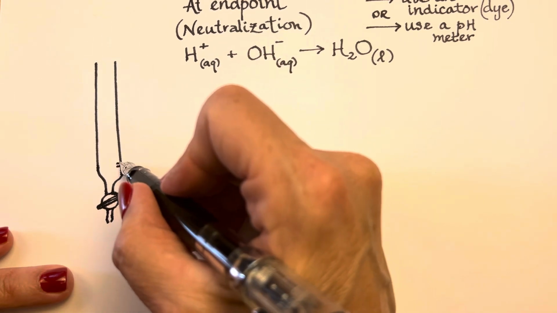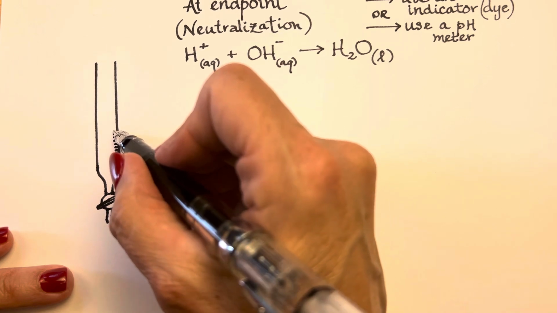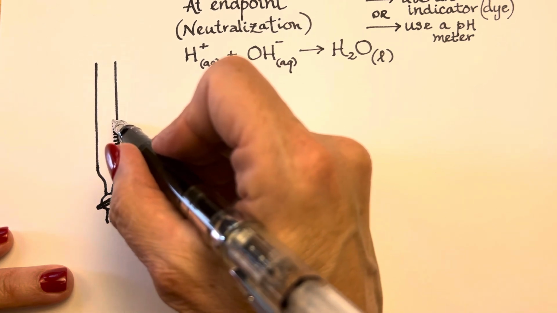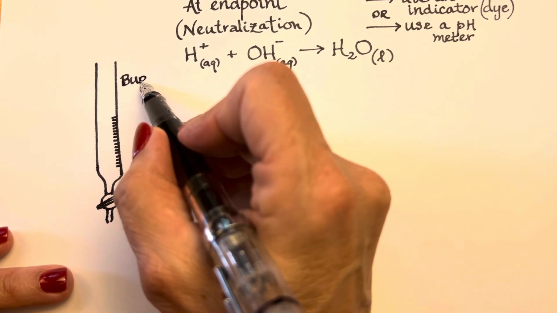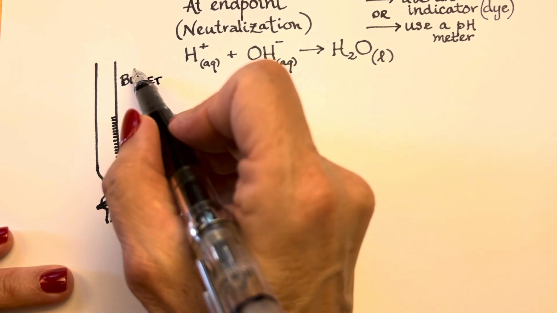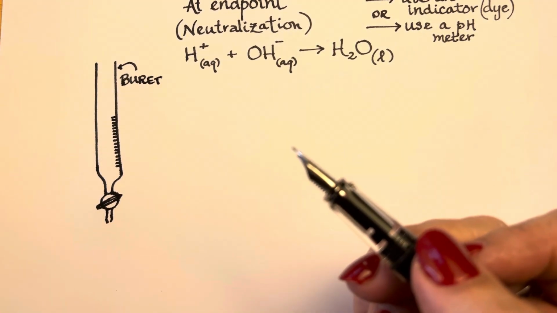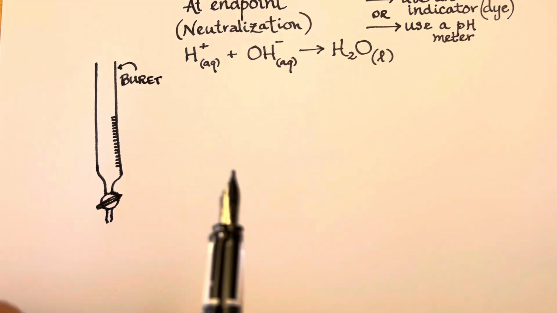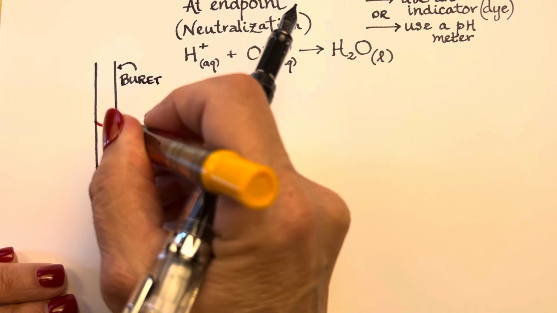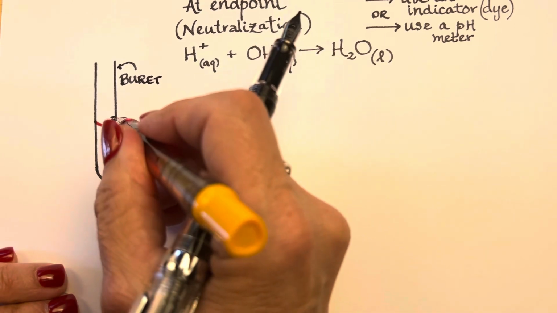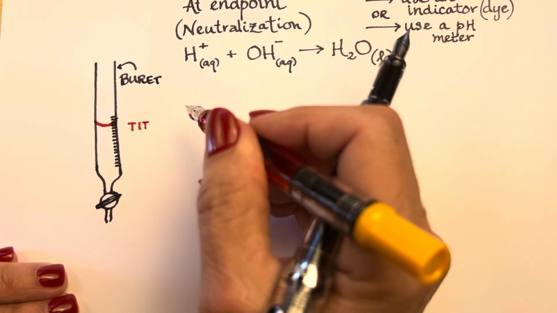Okay, and these are graduated so that you can get fairly precise measurements. Okay, so burette, that is the glassware that you use. And then I use a different color here, just so we can see a little bit better. Okay, doesn't necessarily mean that the titrant is colored. In fact, usually it's not.